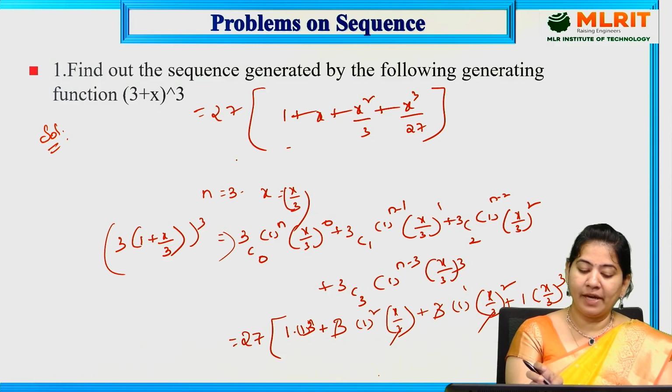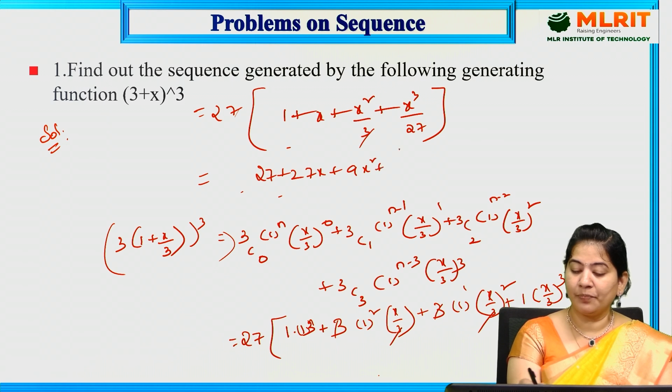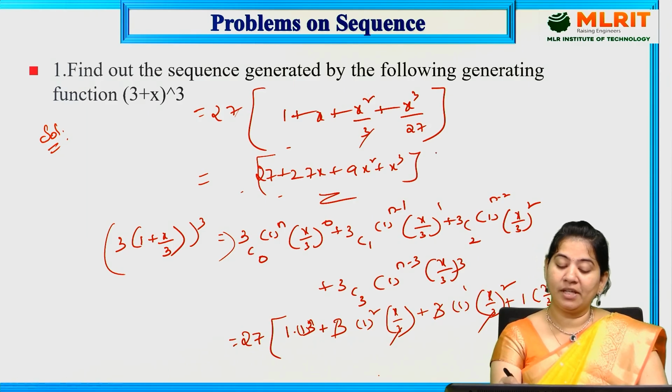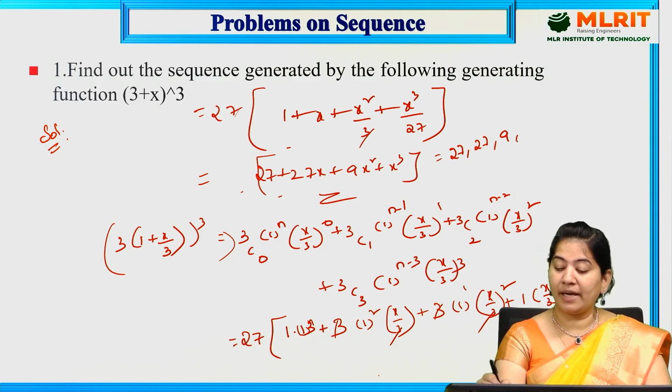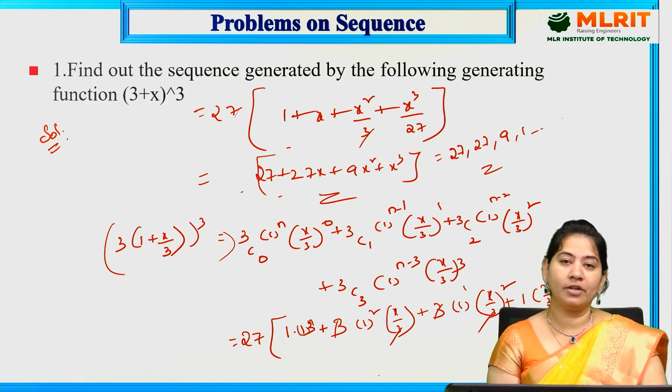Release the brackets and multiply by 27: you'll get 27 plus 27x plus 27x square, which is 9x square, and 27 will get cancelled, so x cube will remain. So the sequence you can write is 27, 9, 1 and so on. This is a sequence from the given generating function.